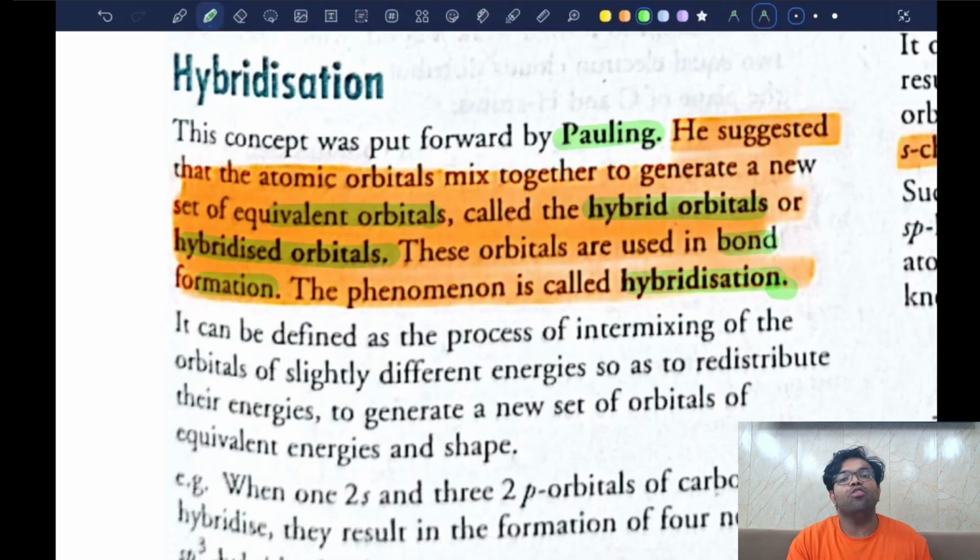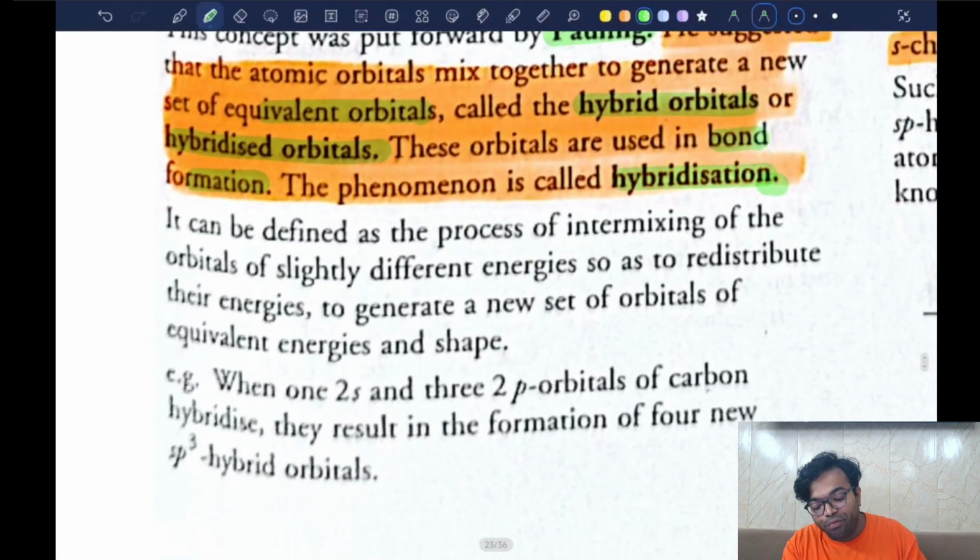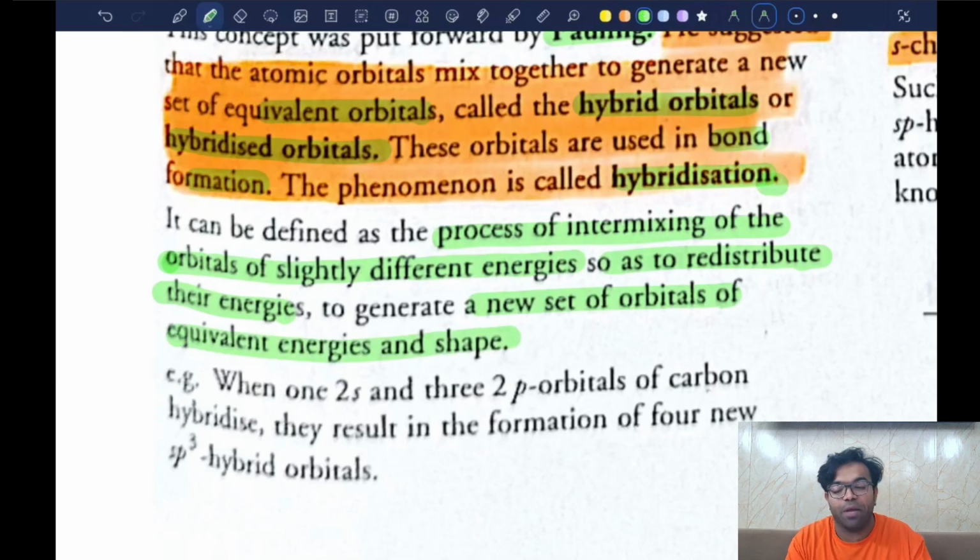So when you intermix two different types of orbitals to create a new species of orbitals, you call it hybridization. It can be defined as the process of intermixing of two orbitals of slightly different energies so as to redistribute their energies to generate a new set of orbitals having equivalent energies and shapes.